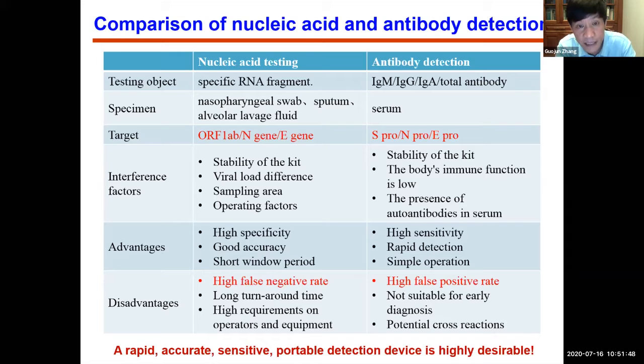You can see both of the detection methods have advantages and disadvantages. The main disadvantages of these two detection methods are high false negative rate and high false positive rate. Therefore, a rapid, accurate, sensitive, portable detection device is highly required.